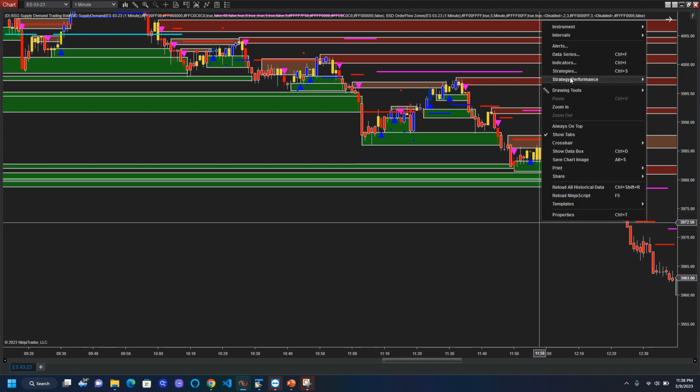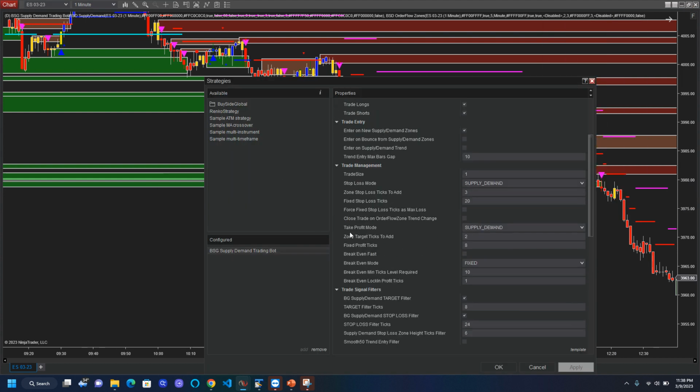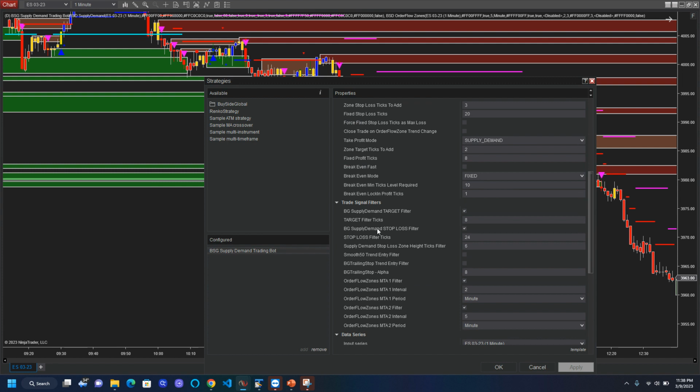That's why this setting, the supply and demand filter, is the most important filter. Since I have 24 here, if the difference between the current price and the zone's adjusted stop loss is 24 or less, the bot can place a trade. That's what this setting means.